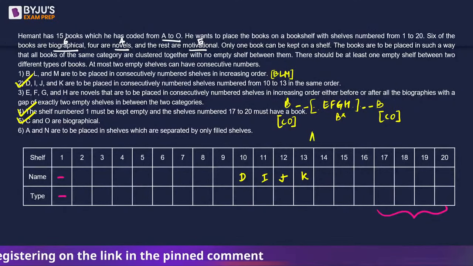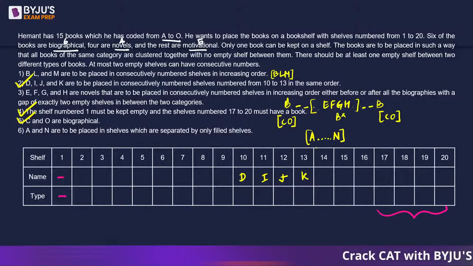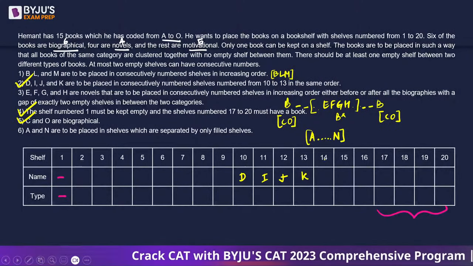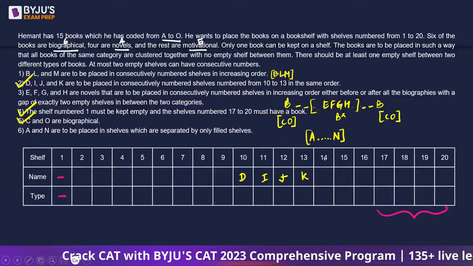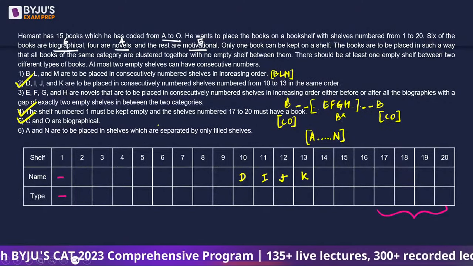So wherever we are going to put A and N, they are filled using the shelves where we have books, right? As in the A and N are part of the same category. We are done with 6th as well, but we have not placed it.